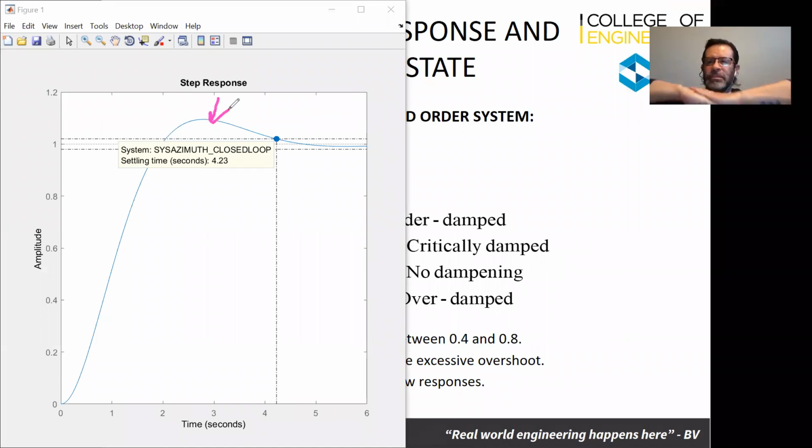That's what damping means. So a positive damping ratio is pushing things down. What happens if somehow you get a damping ratio that's negative? What would that mean?